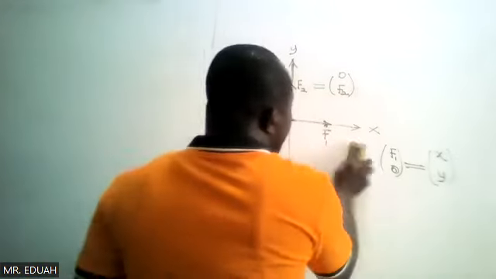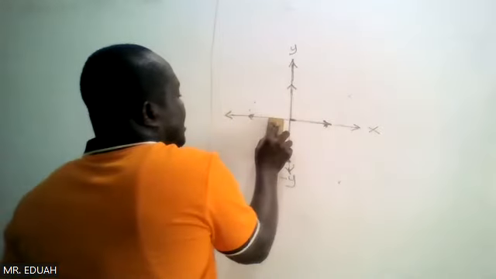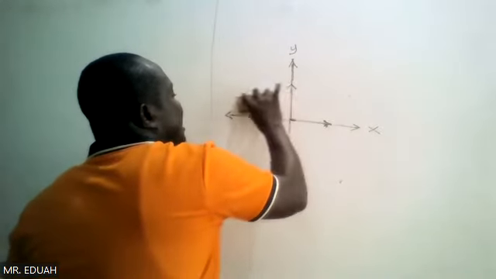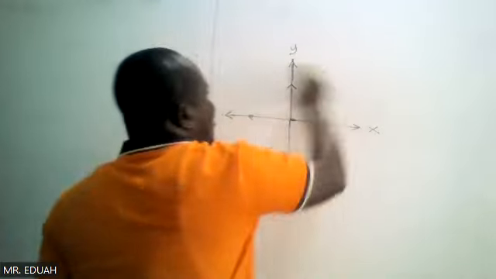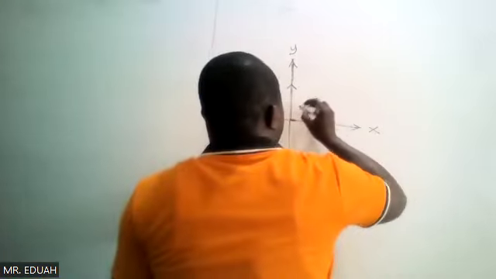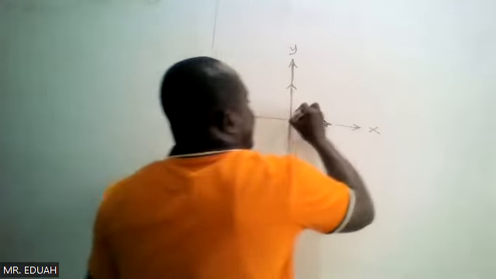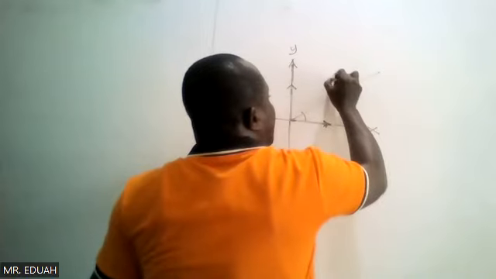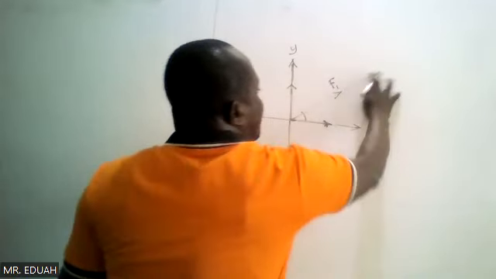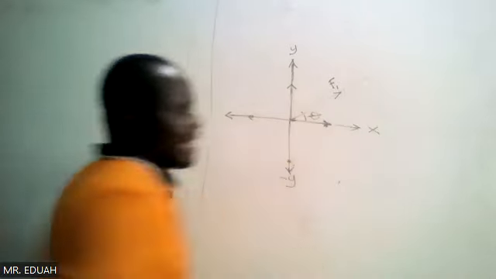Now, if the vector falls within the quadrant, not along the plane, a vector is here. A force F1 makes an angle of theta degrees with the x-axis.